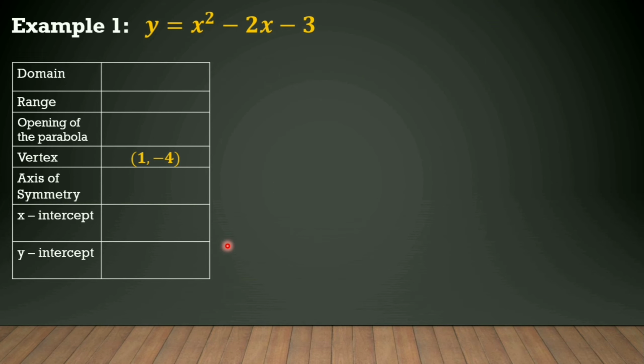Now, let's answer the domain. As what I have said a while ago, domain is the set of real numbers. Next, let's answer the opening of the parabola. What do you think is the opening since we don't have a graph yet? To determine the direction where the parabola opens, we have to look at the value of a in the given equation, because the value of a indicates the opening of the parabola.